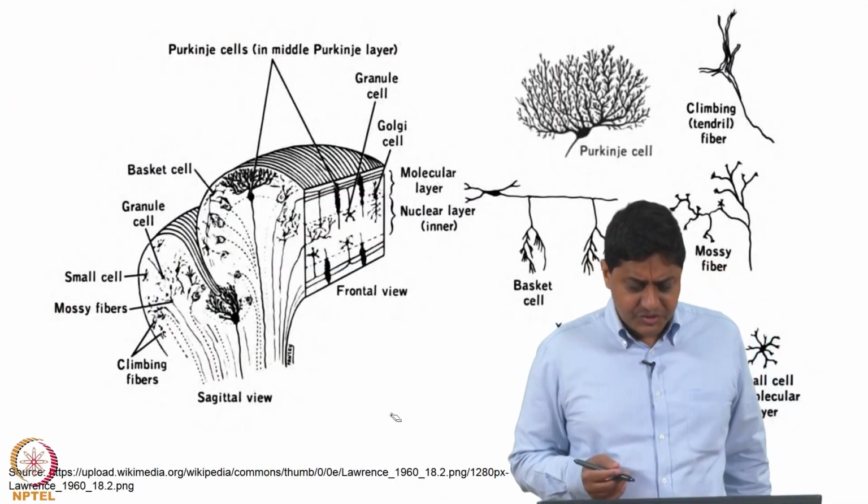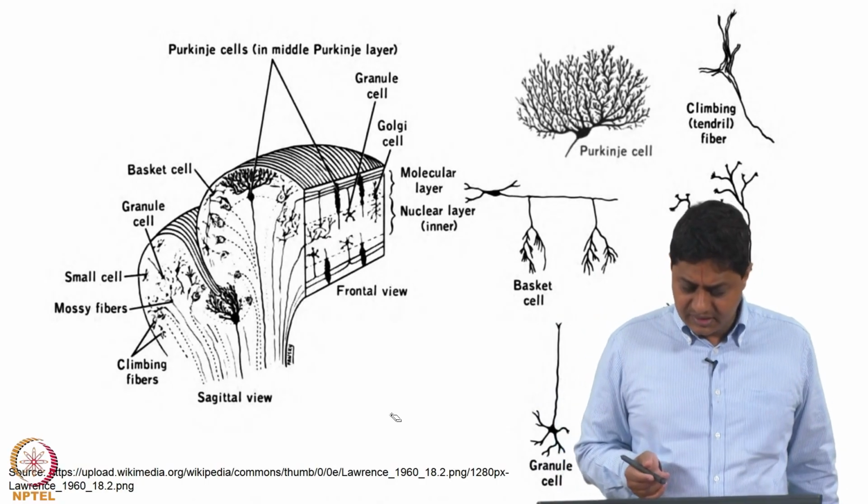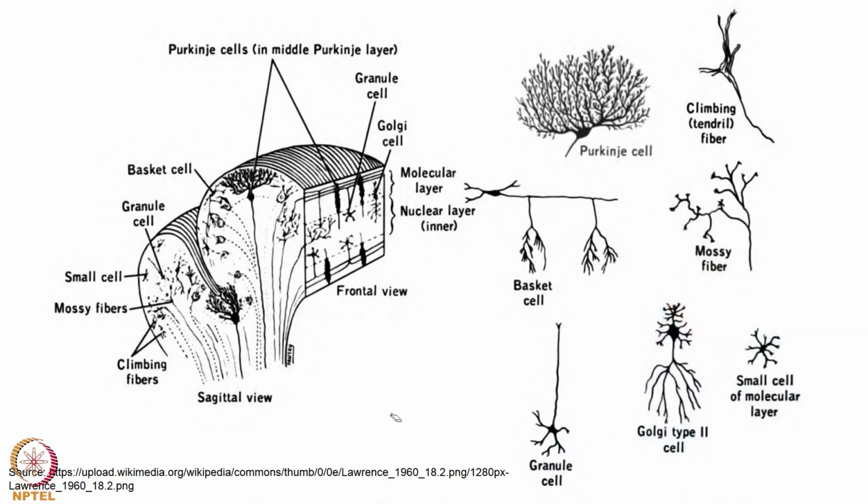Here is another picture showing one more time the Purkinje cells, Golgi cells, granule cells. So, this is a granule cell, and this is a Golgi cell, this is a granule cell, and you see the distinct tree-like structure of the Purkinje cell when compared with the other cells, and how climbing fibers climb.